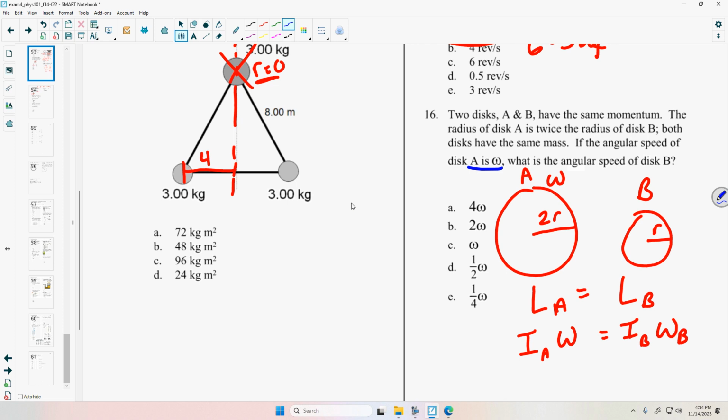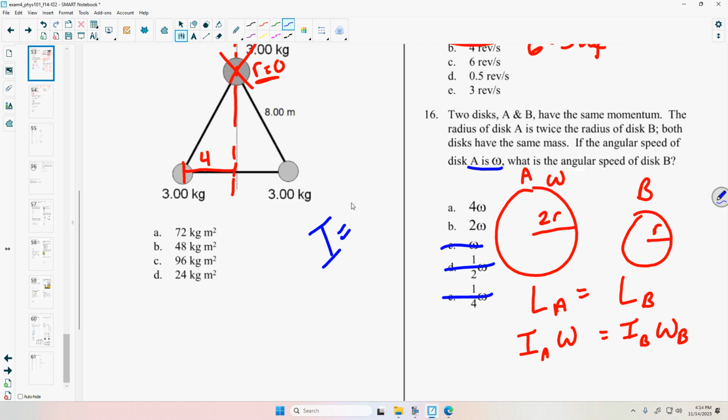So I can go ahead and get rid of these. And then I want to ask, by how much is she going faster? I know that the radius of disk A is twice that of disk B. How is the moment of inertia dependent upon the radius? Is it linear or quadratic? Quadratic.